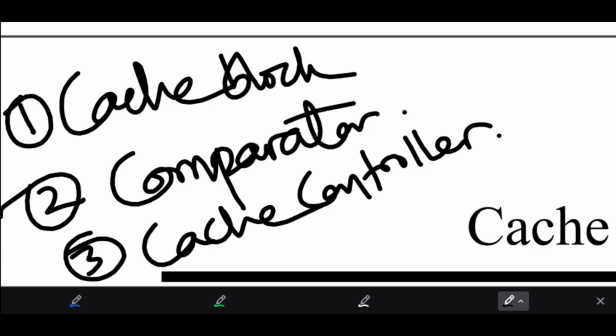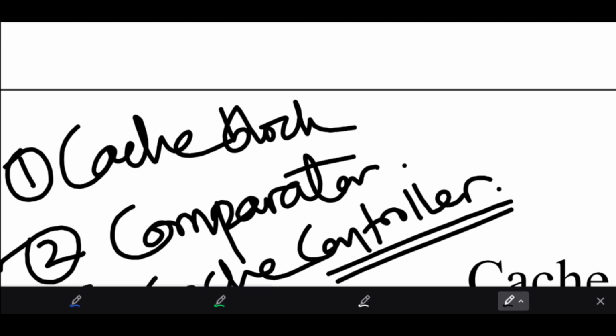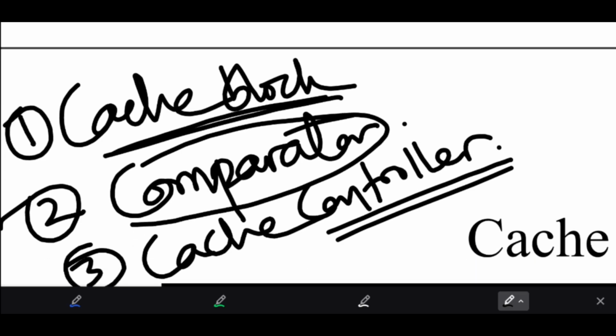Cache controller, as you are noticing from the name, is one type of manager inside the cache. Then this is our cache block. We will later discuss the cache block.